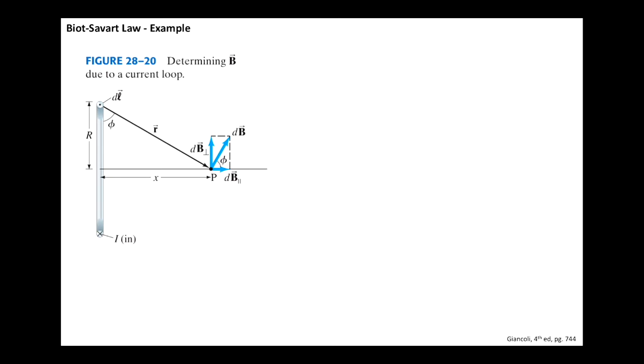You will notice that the vectors that they've drawn there are representative of the magnetic field that's being created only due to a little segment of the wire that has current at the top. So it's only considering that exact point where the current is coming towards you. Still good? Let's use that little bit of current to make sure that those vectors make sense. So at the top, the current is coming out of the screen, which means that the magnetic field around that little segment of wire at the top is going counterclockwise.